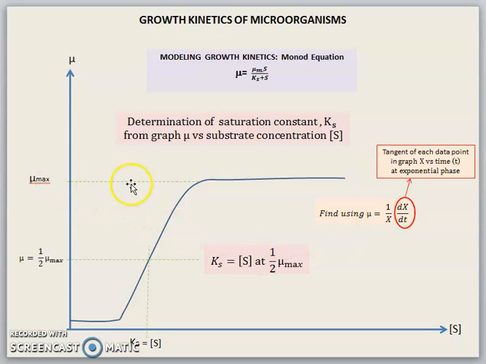Then you identify the mu max value. After that, find the half mu max. Then from the graph, you may be able to identify the Ks value, which is equivalent to S at the value of half mu max.